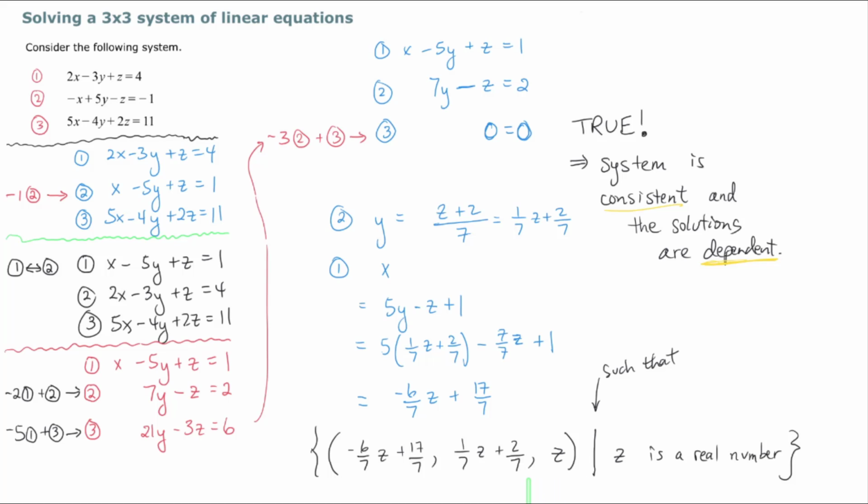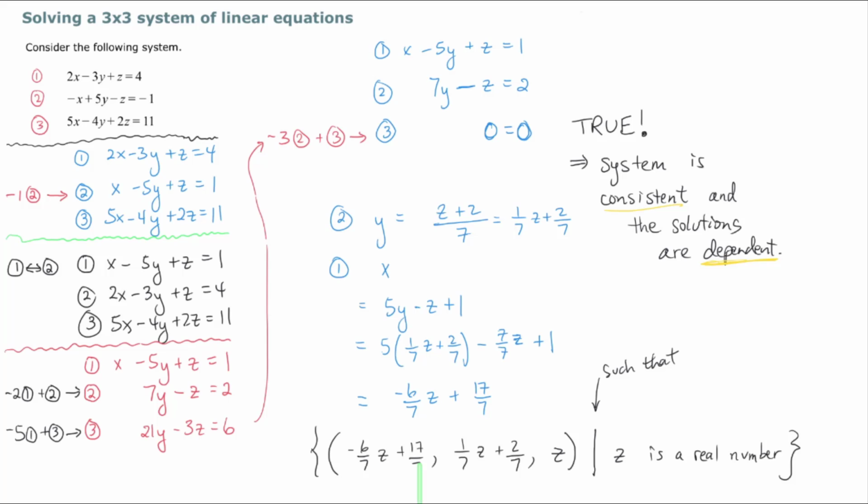There's actually an infinite number of solutions here. A good solution to probably look at is let z equal 7. If you let z equal 7, you'll get an x value, a y value, and a z value that will satisfy all three of those equations. What's another good z to pick? I would pick z to be 0.